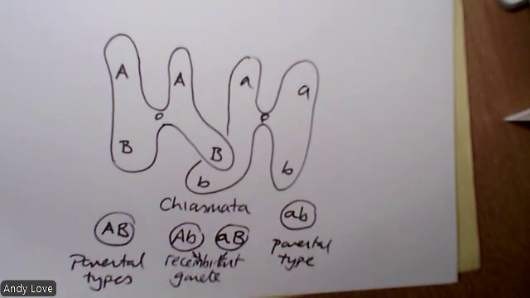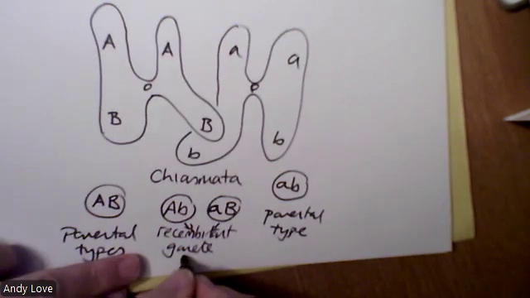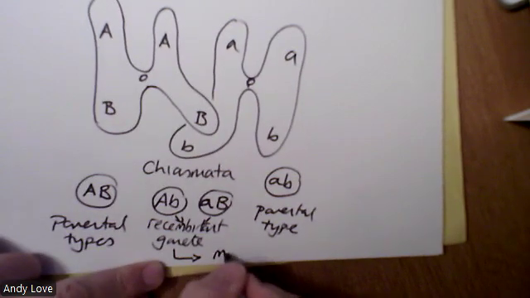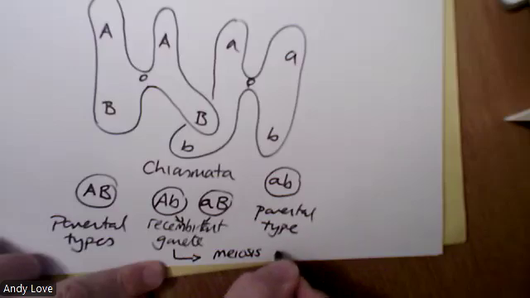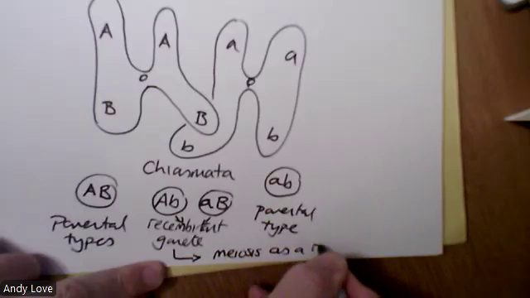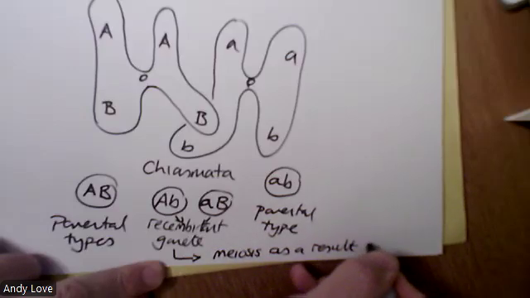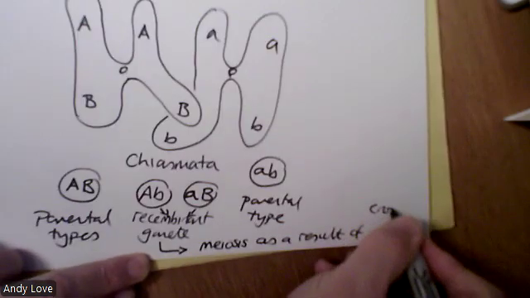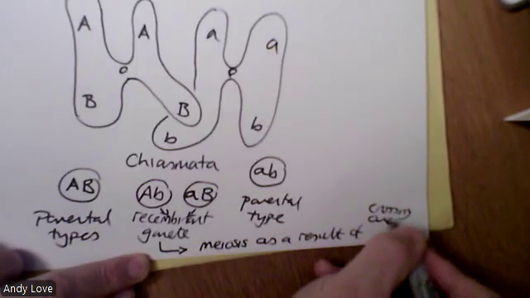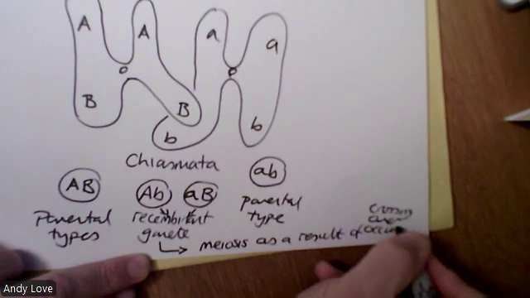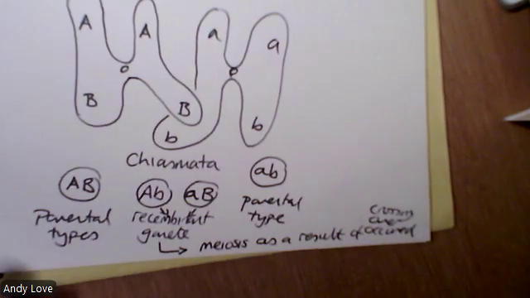They're formed as a result of crossing over having occurred in meiosis 1.